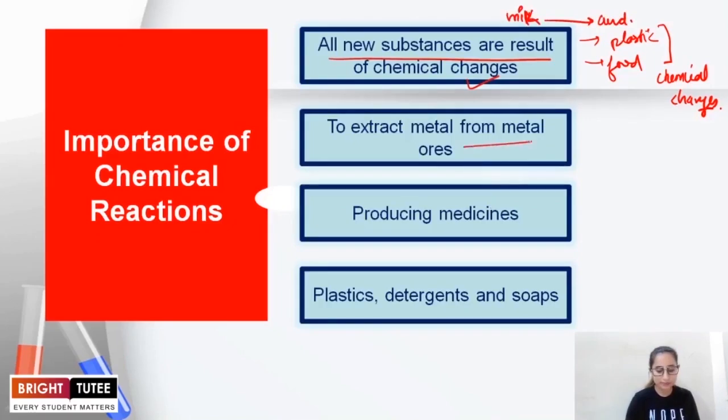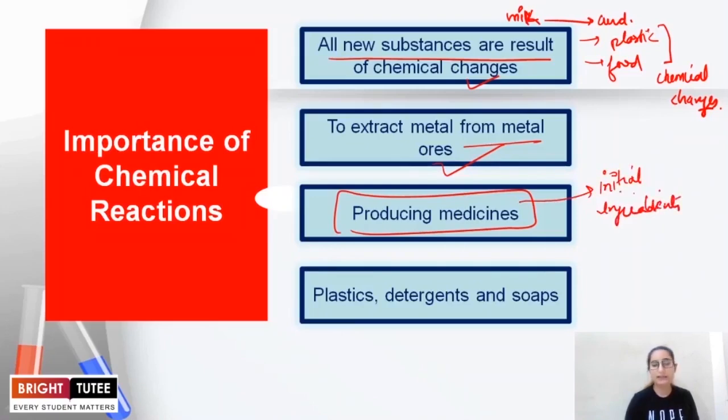Now extracting metal from metal ores is again a chemical change. You will be learning about it in detail in class 10th, but you have to understand that this is a chemical change. Now producing medicines, we have some initial ingredients, or you can say chemicals, and then they react with each other to produce new substances which are medicines.